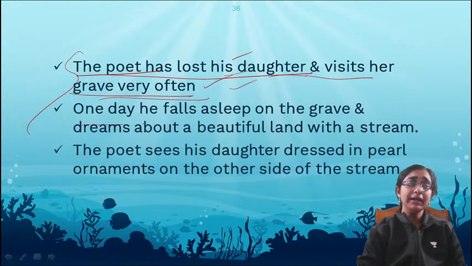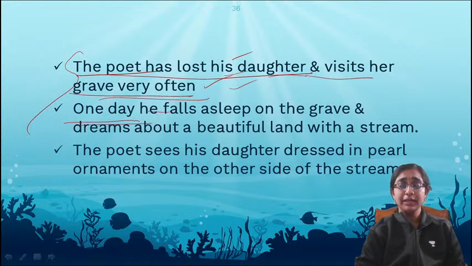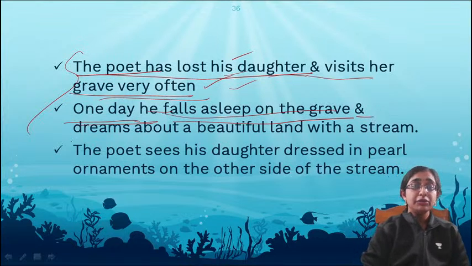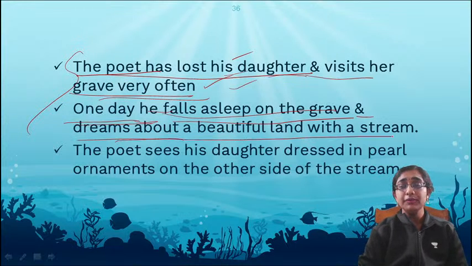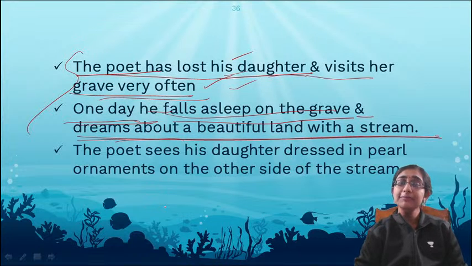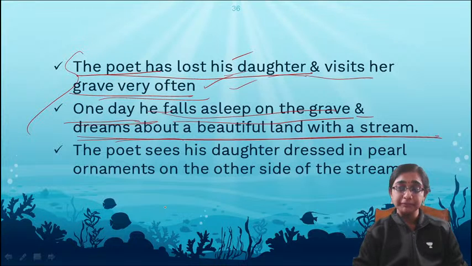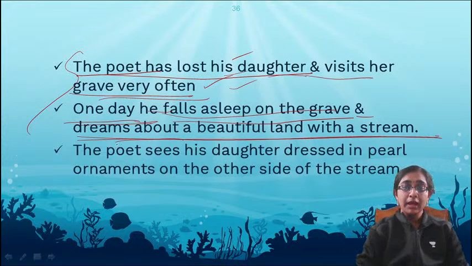Now what happened? One day, the father, that means the poet, falls asleep on the grave. He falls asleep and dreams that he is in a beautiful land with a beautiful stream, a romantic place.